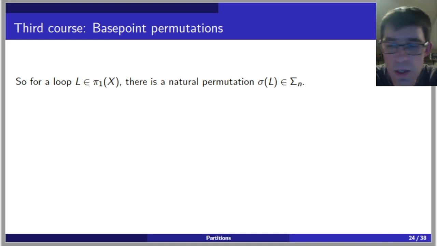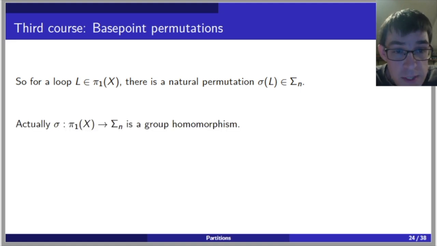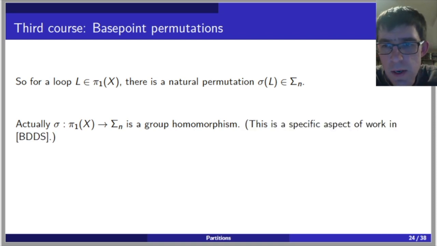It is a permutation of the n different base points in the codomain. Actually, this is a group homomorphism if you do all the details here. And this sigma is a very specific, simplified form of things that we discussed in detail in this paper with Bob and Carol and Charlotte.